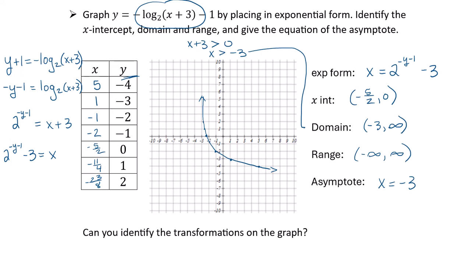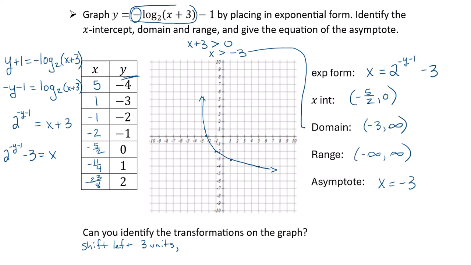Now, can you identify the transformations that have taken place in this graph? The first thing that I see is that inside the parentheses, which is where we always want to start by order of operations, this logarithmic graph has been shifted left 3 units. The next thing that happened is that we multiplied, by order of operations, we multiplied by this negative in front.